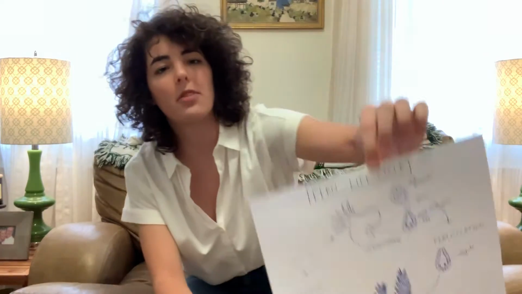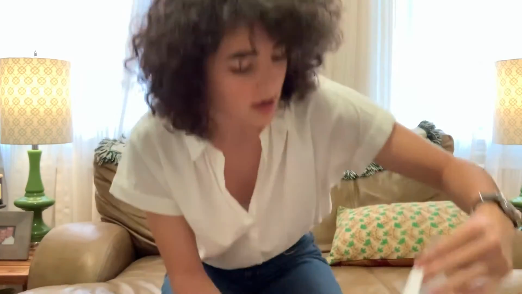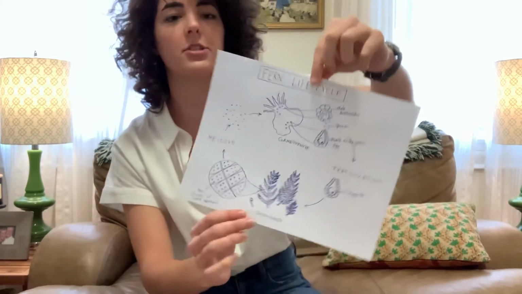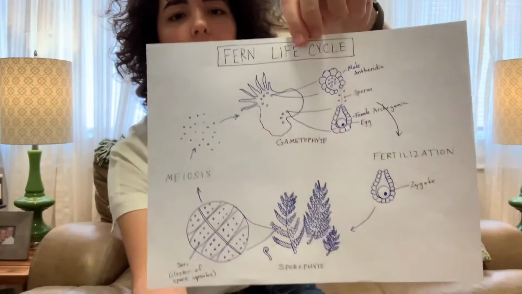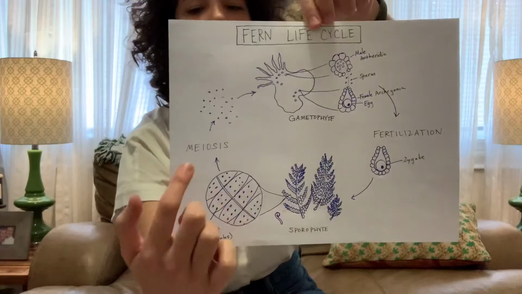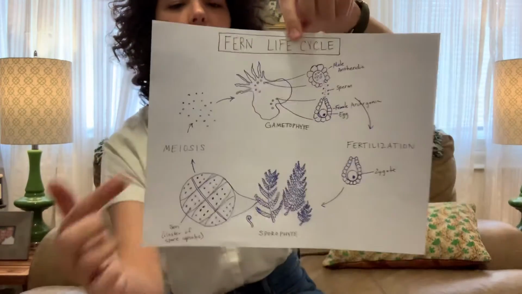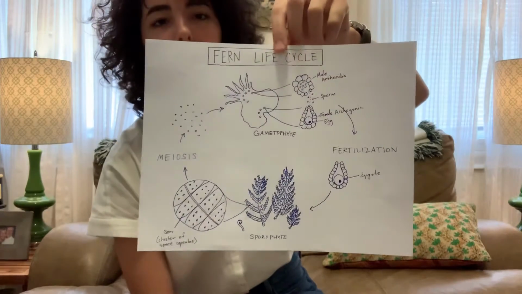So first up, the ferns. Let's hear it for the pteridophytes. Woo! Silent P. So our fern life cycle is just like every other plant life cycle. You have a gametophyte, sporophyte, fertilization, and meiosis. This is what every plant life cycle looks like. It's just the in-between bits that make it complicated.